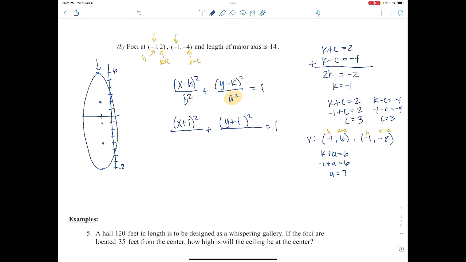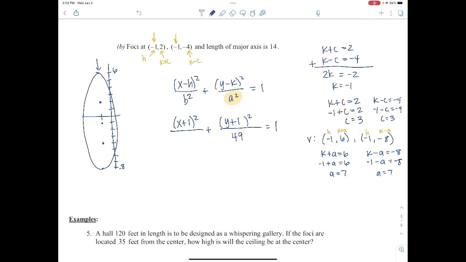I can double check with the other one as well. k minus a equals -8. k is -1. -1 minus a is -8. That means that a must be a 7. So if a is 7, that means that a squared is 49.